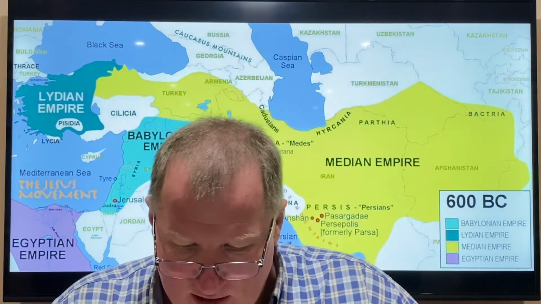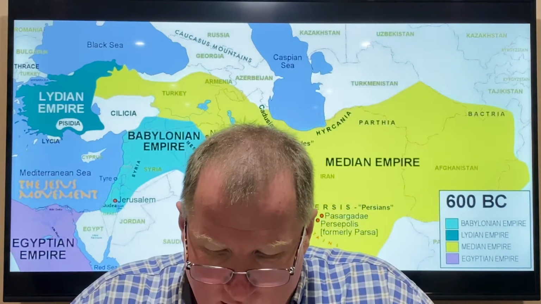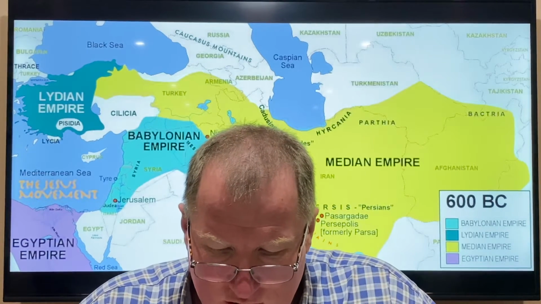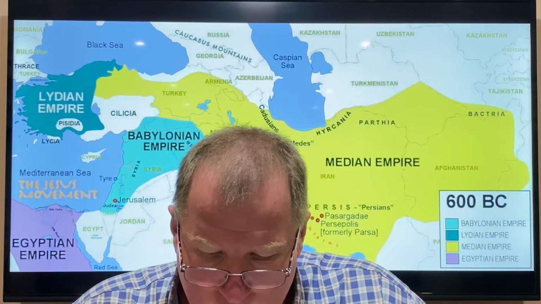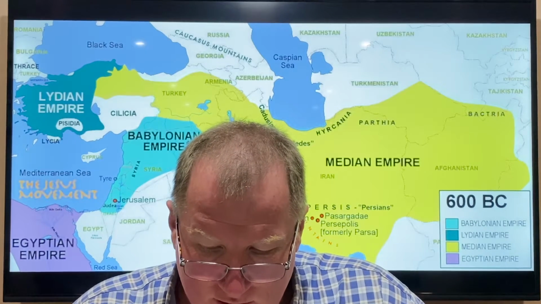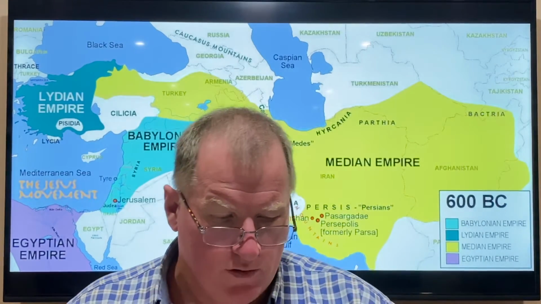So crowned Cyrus II, the grandson of King Astyages of Media, was forced to recognise the overlordship of the Median Empire led by his maternal grandfather. According to a Babylonian clay cuneiform tablet called the Nabanitas Chronicle, it says King Astyages sent a Median army to attack the new king.